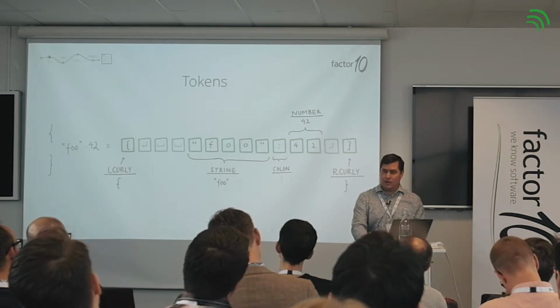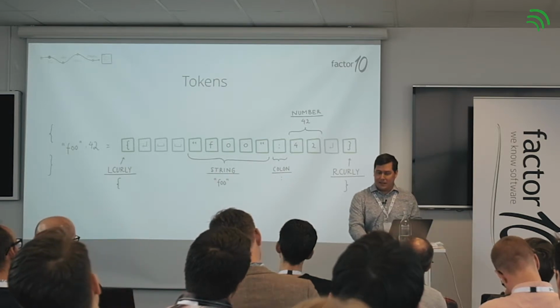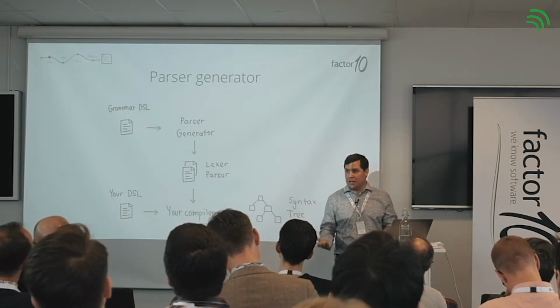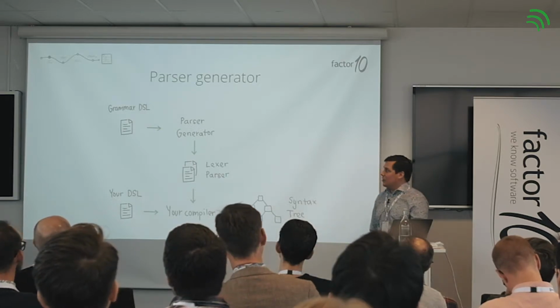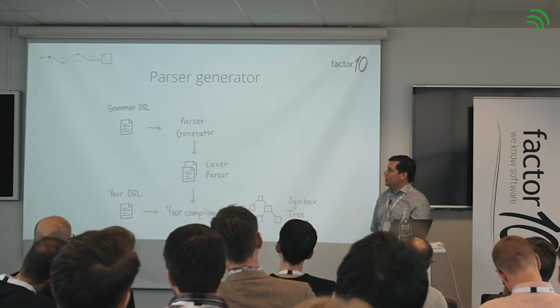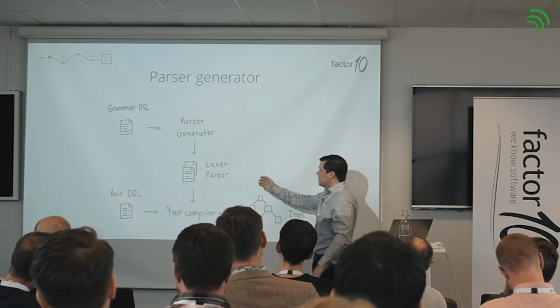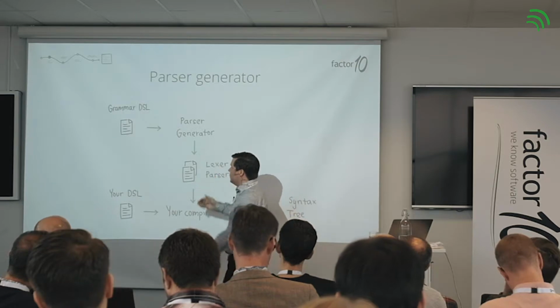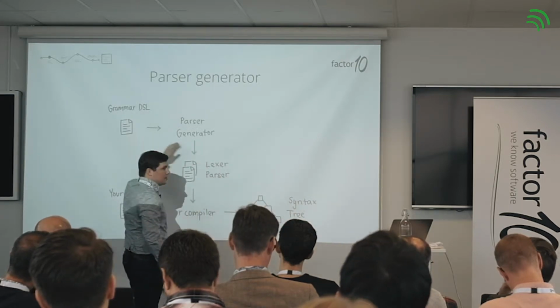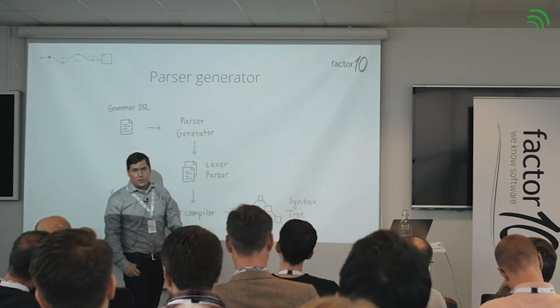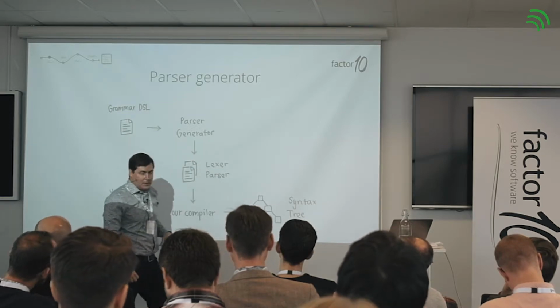I think you can be more meta than that, so you can use a parser generator. A parser generator is a dedicated tool which you feed with a formal definition of your grammar, and it will output a parser that understands that grammar.